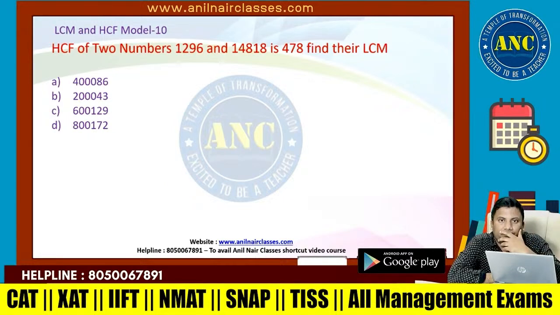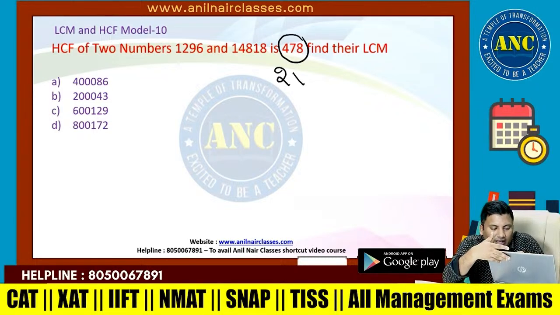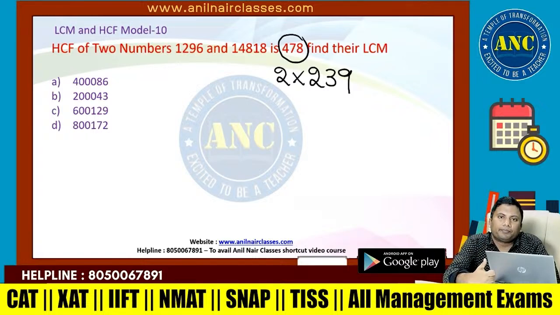I said, if HCF is asked in the question, suppose this is 478, and assume there is an option none of these. Can't you check like this? 2 into 239. All are even numbers. So 239.